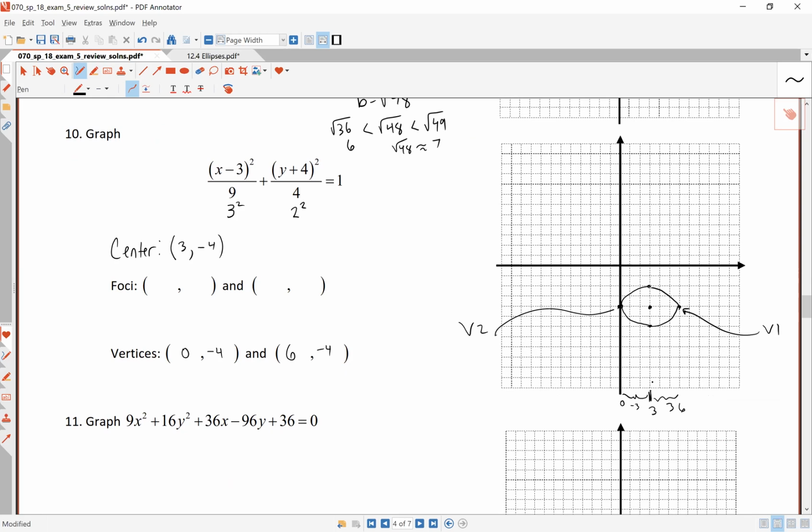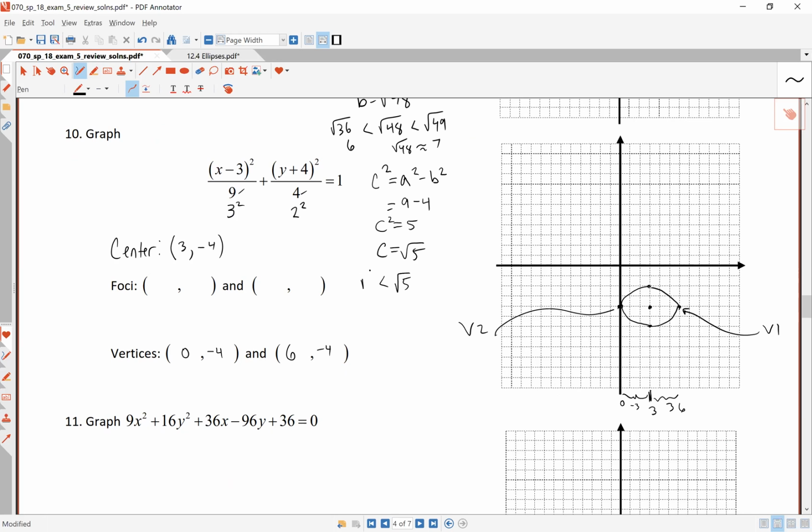And the foci, they lie c units from the center. c squared is a squared minus b squared. Just remember larger minus the smaller. So c is equal to the square root of 5.